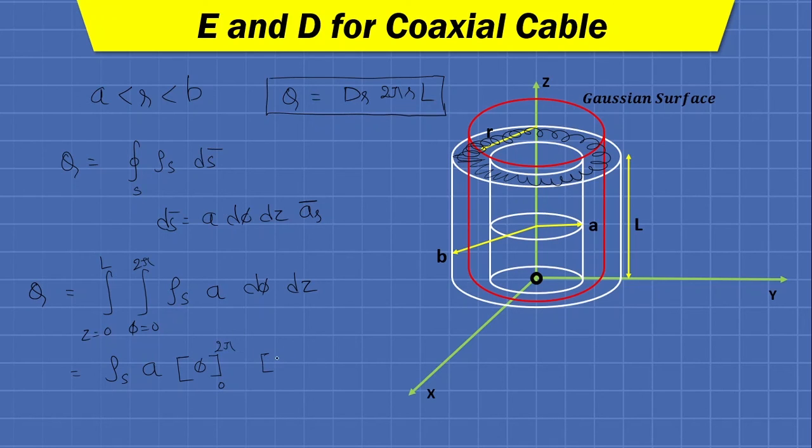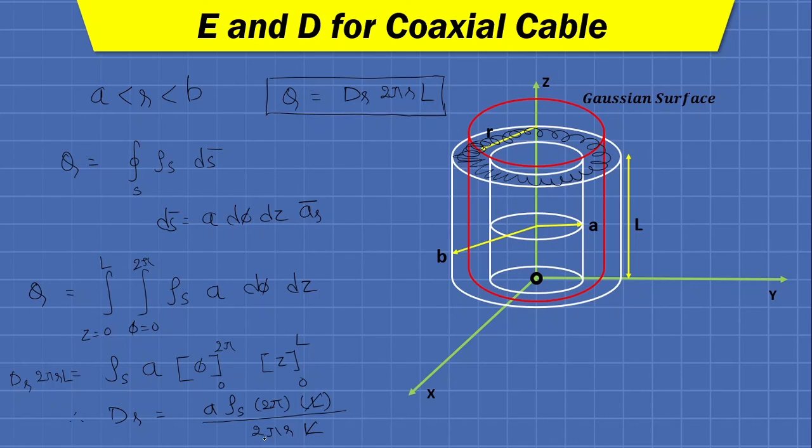The integration of 1 with respect to z will be z itself with lower limit 0 and upper limit capital L. And finally, in place of Q we are going to write D_r into 2 pi r L. Okay, so finally we can write D_r equals a into rho s into 2 pi into L divided by 2 pi r into L.